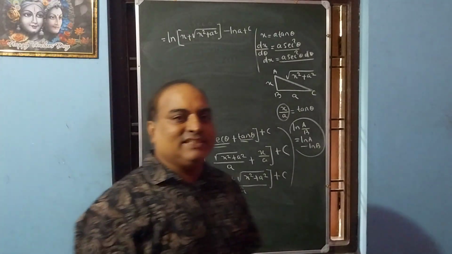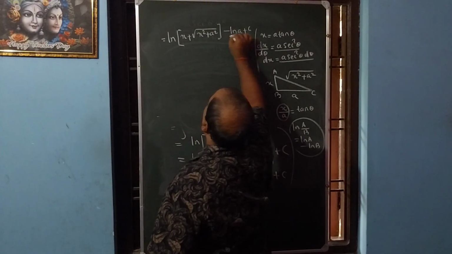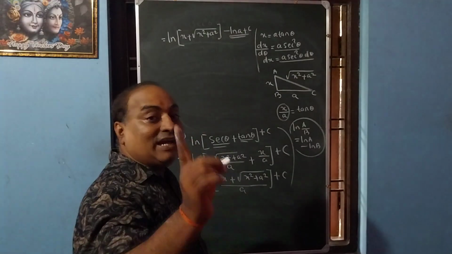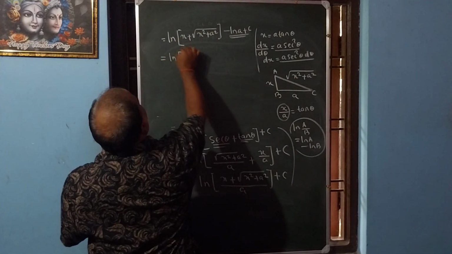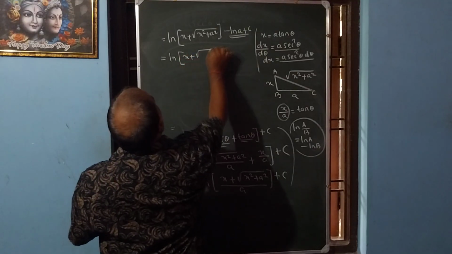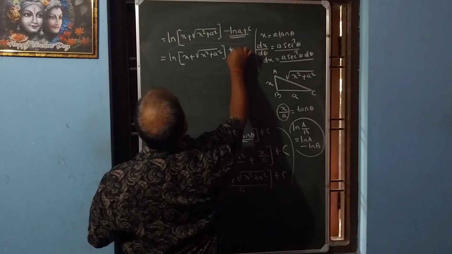ln a is a constant, c is a constant. So the sum of two constants is also a constant, which is replaced by another constant k. So we take ln of x plus root over x square plus a square, plus k.